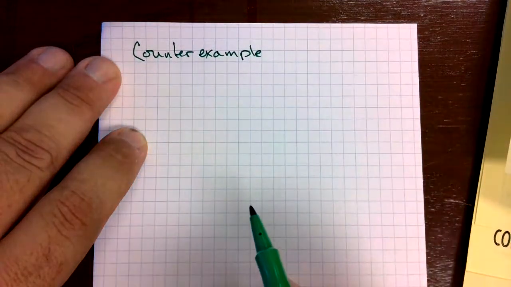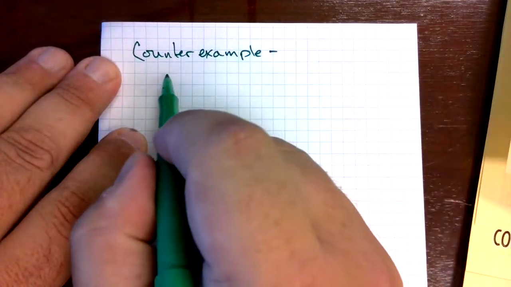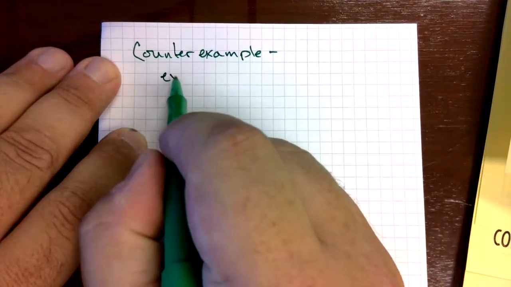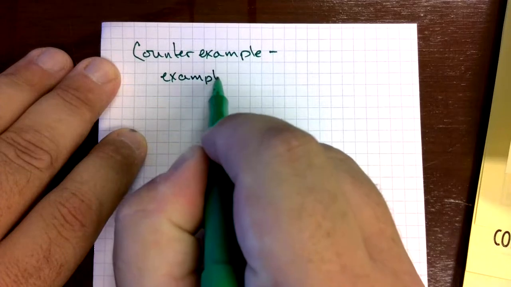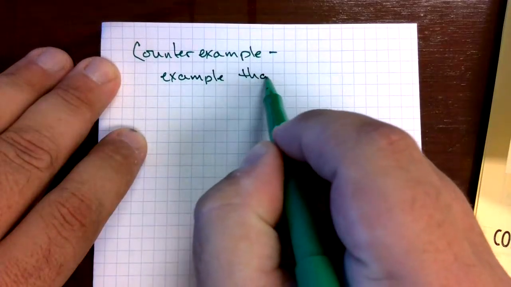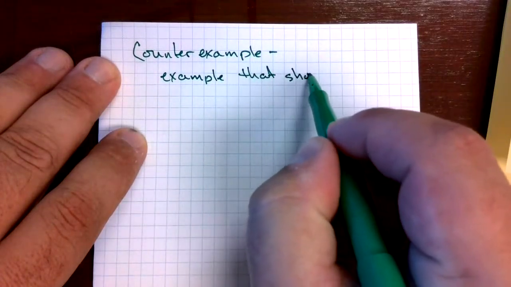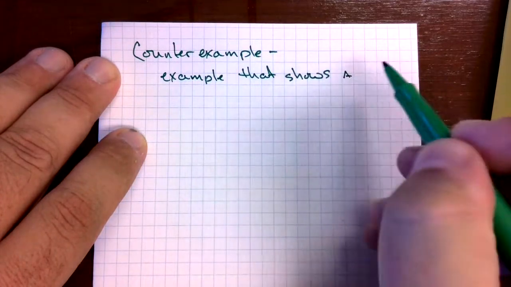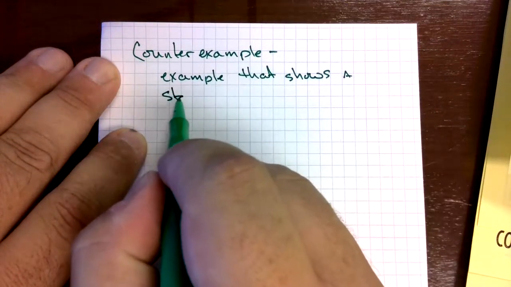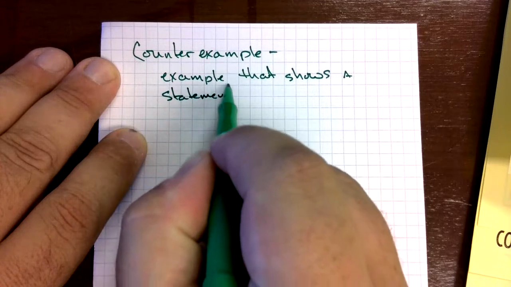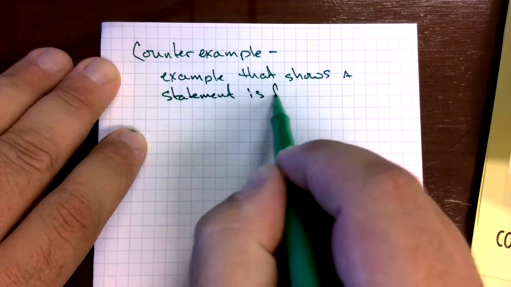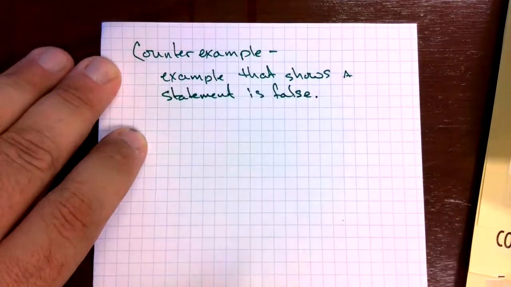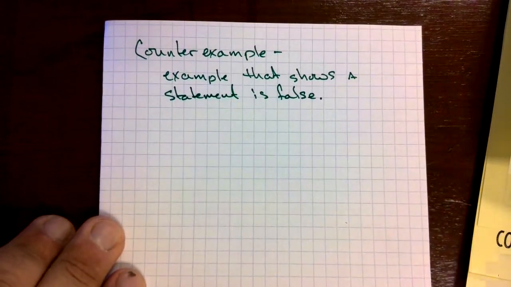And a counterexample is just an example that shows a statement is false. So any kind of statement, any kind of thing that will show us the statement is false.